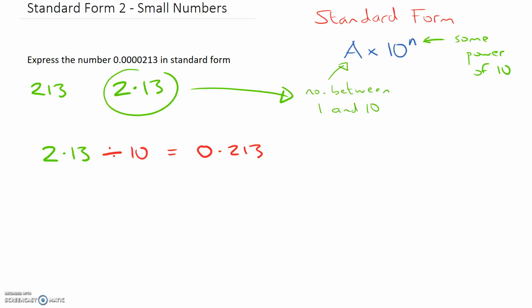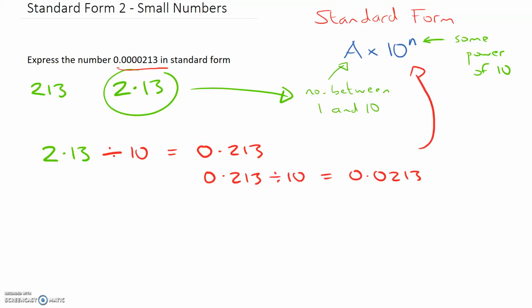If I took that 0.213 and divided by 10 again, we'd get 0.0213. So you should be able to convince yourself that if we keep dividing by 10, eventually we'd get back to 0.000213.